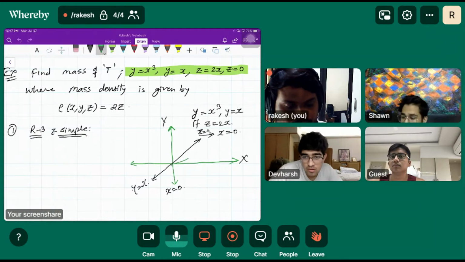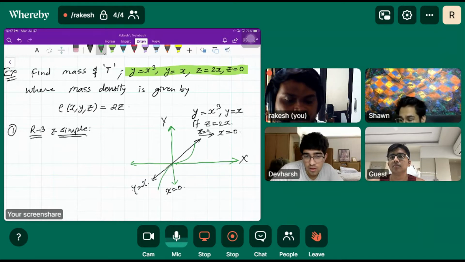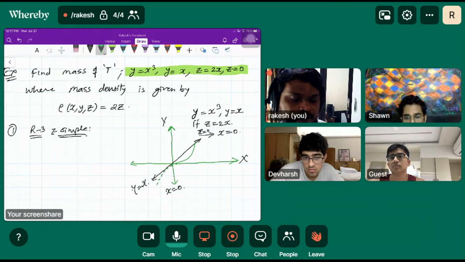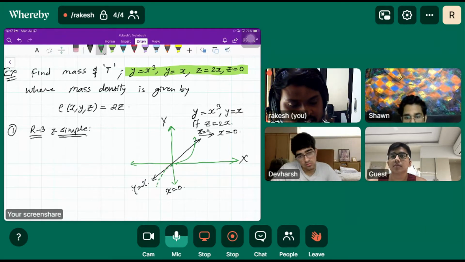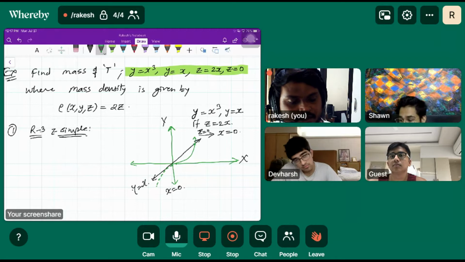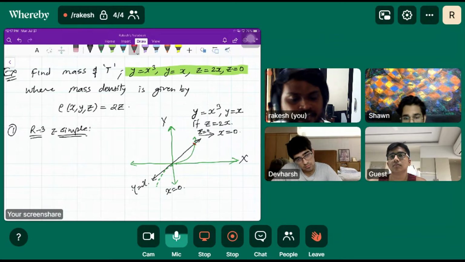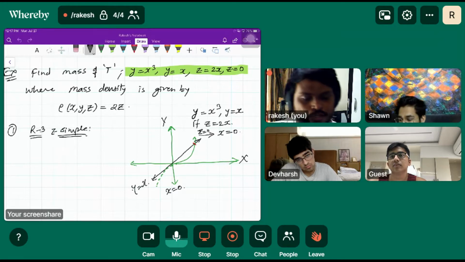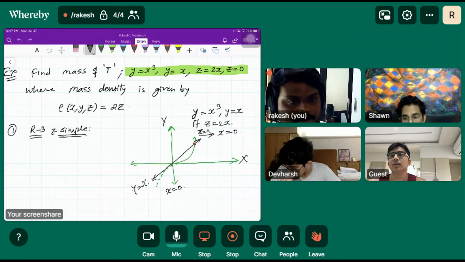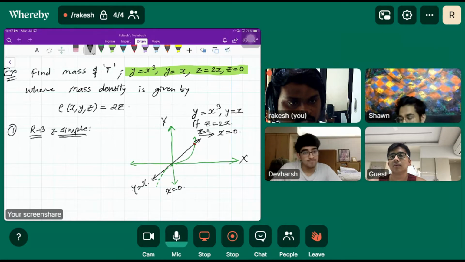I think I got the setup. So they will intersect at this point. We need that intersection to define the region on the xy plane. That is the reason for the double integral.